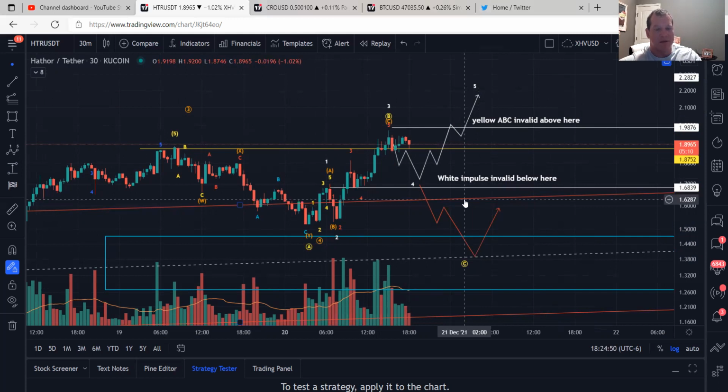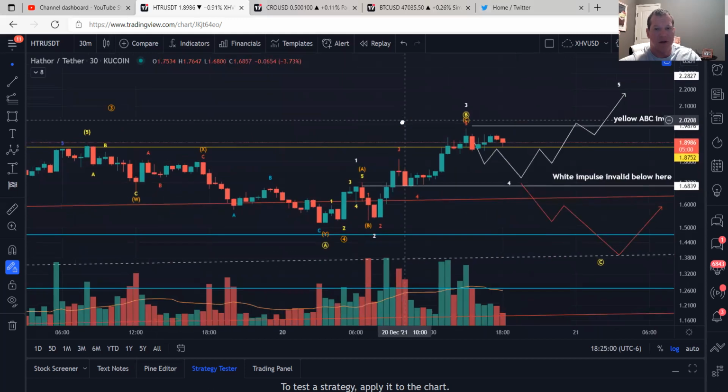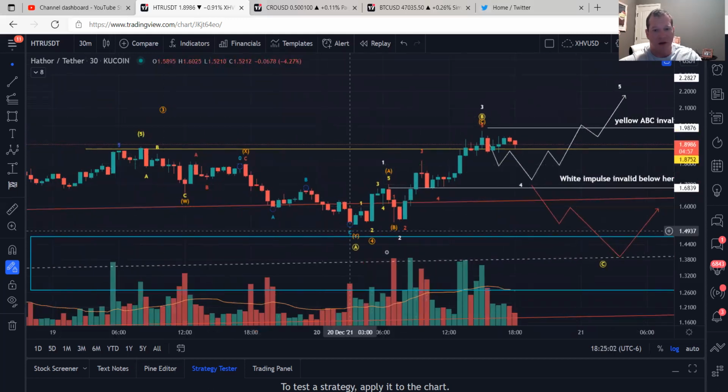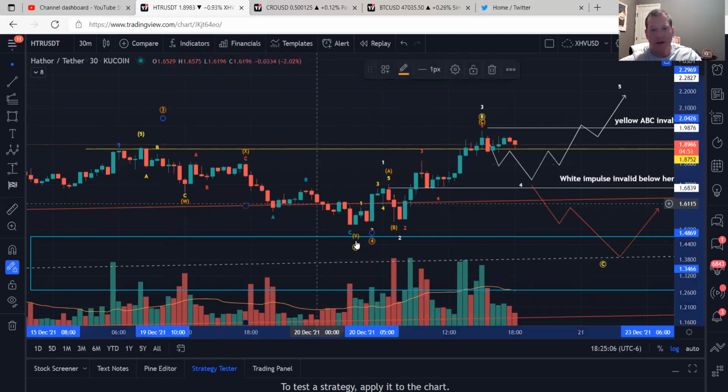Again, not to be repetitive, but I know it can maybe be a little confusing. Hopefully I'm explaining it well, but there's two scenarios that I see with this current chart. One being we are finished with the 4-wave correction, this orange count, meaning that we are impulsive and that we just finished our 3-wave.